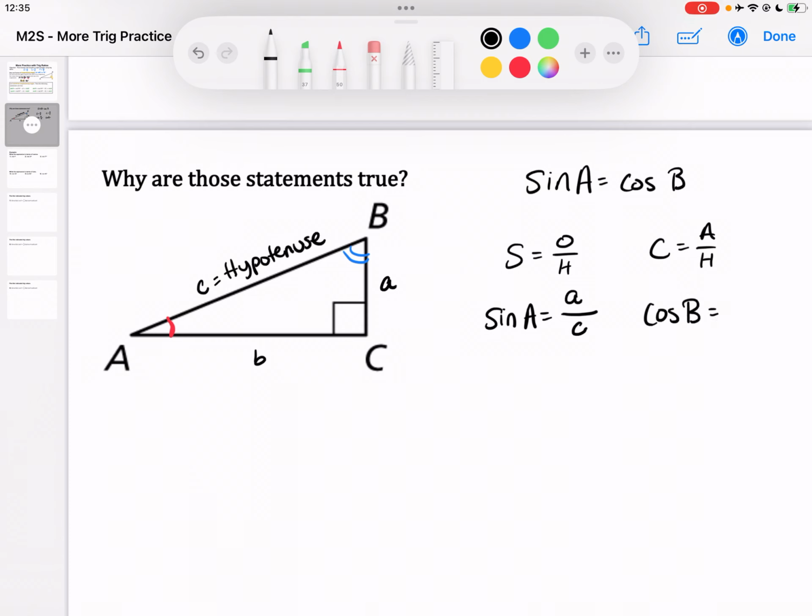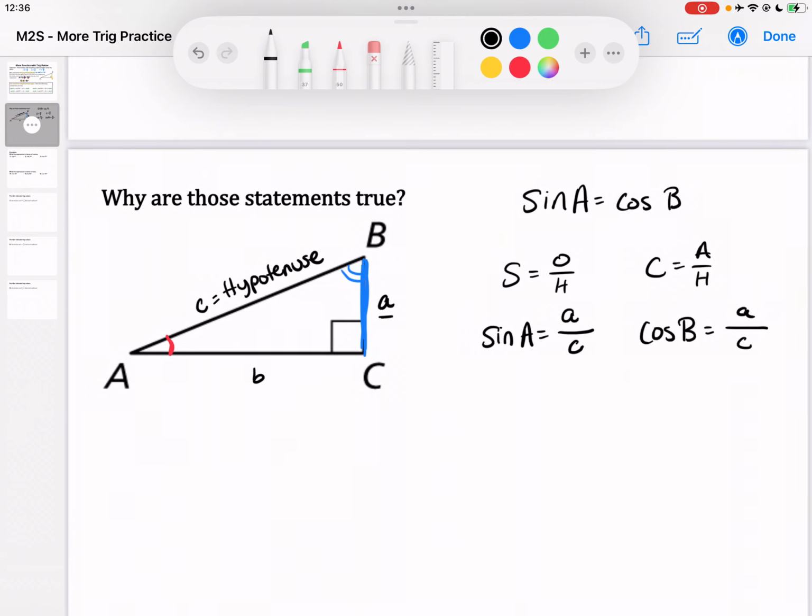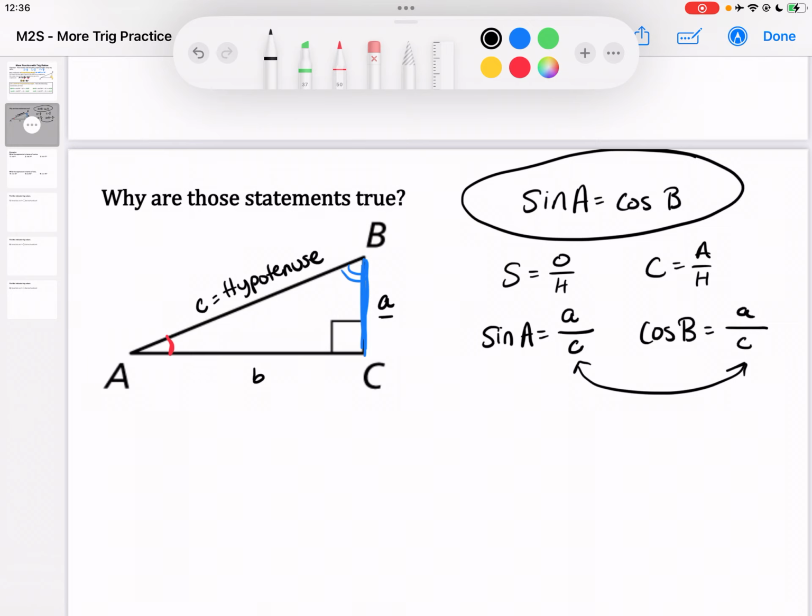Cosine of angle B is equal to our adjacent side. The adjacent side to angle B is side A. Notice how side A was opposite for angle A, but it's adjacent to angle B. And our hypotenuse is C. As you can tell, those are both equal, which is why you can say that sine of angle A is equal to cosine of angle B.